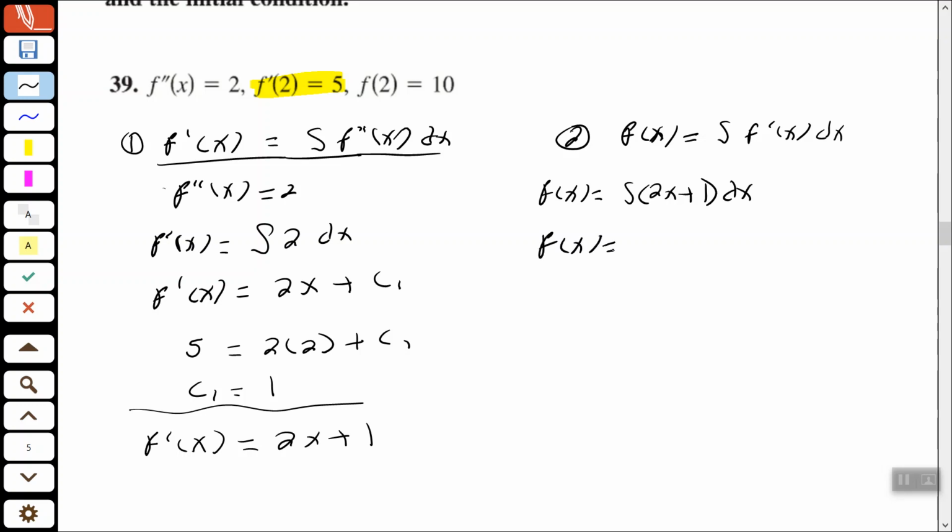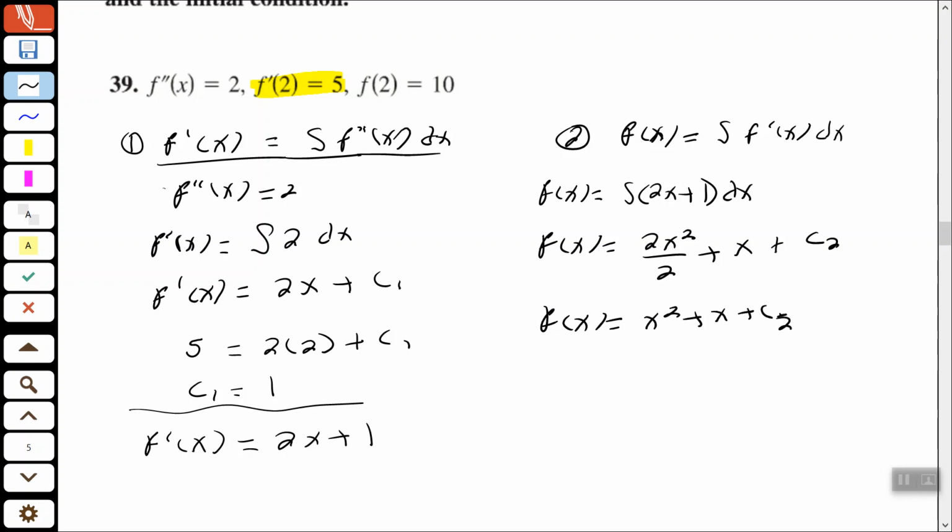So f of x will be equal to the integral of 2x, add 1 to the exponent, divide by the new exponent. The integral of this constant 1 is going to be 1x, and then plus your constant of integration. And we'll use c sub 2 since this is the second one we're looking at in this problem. So we have f of x equals x squared plus x plus c sub 2.